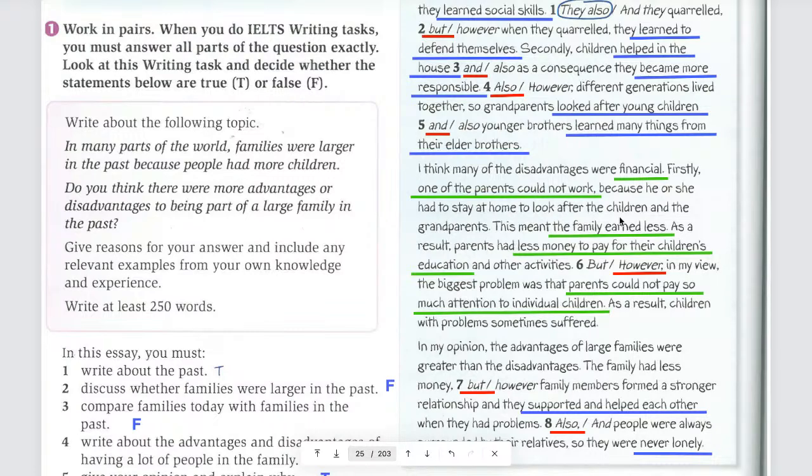Yes, in this paragraph, you may see they mention some disadvantages, and these disadvantages were about money, right? Because when we say financial, we are talking about money. So that means the main reasons for all of the disadvantages were financial. You understand?